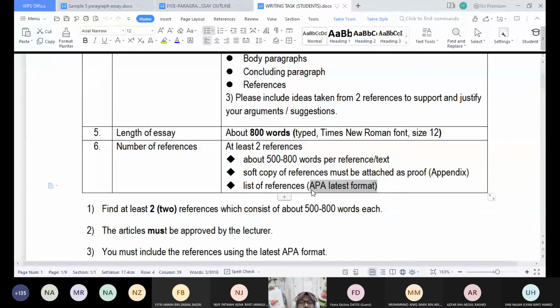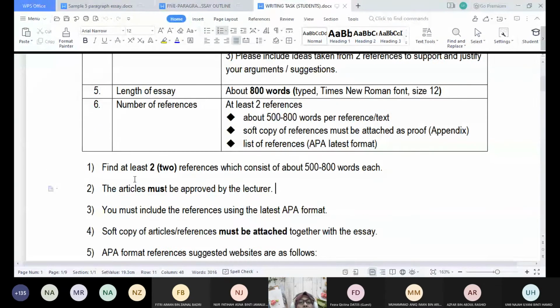Okay, what is APA? Suddenly you ask, what? You get to know about it later in the sample. There is a sample below, don't worry. So here, number 1, a recap. Find at least two references. Articles must be approved by me. Must include references using the latest APA format.